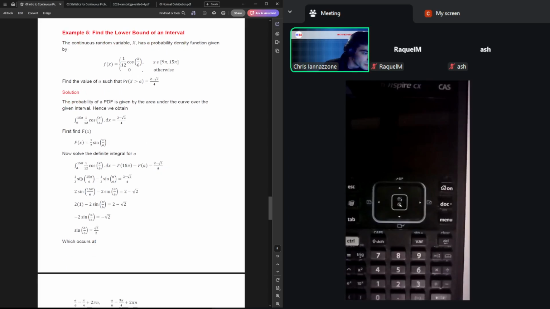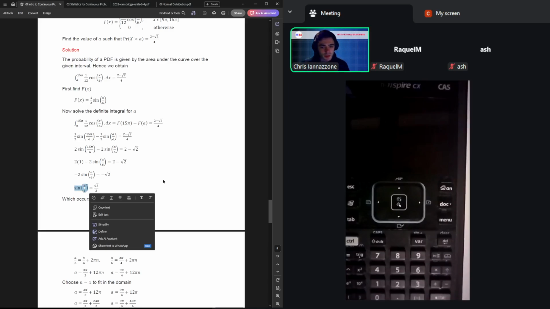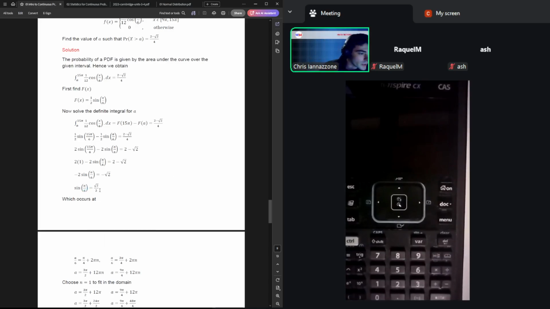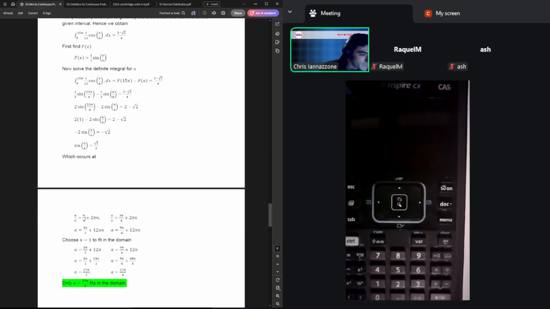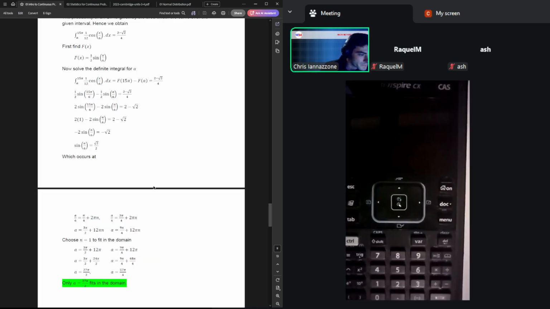Sub in your values, simplify, simplify, simplify, and eventually, at least in this case, you'll get it down to a circular function equation, where does sine equal root 2 on 2? That's going to be pi on 4 and 3 pi on 4, and any given number of 2 pi n iterations after that.